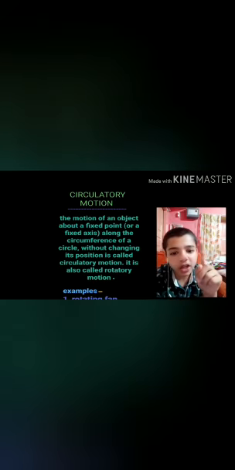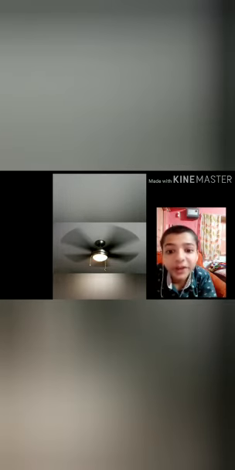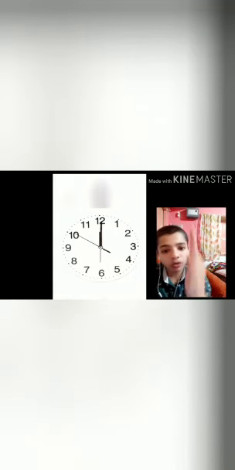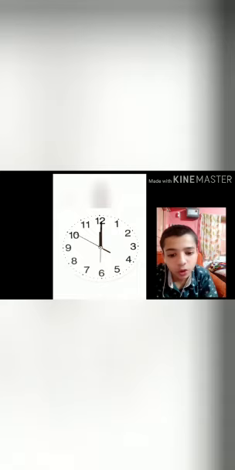It will move along the circumference of a circle. It will not move sometimes here, sometimes there. When this fan moves, it moves round at the perimeter of the circle, at the end of the circle. It won't go higher. That's why this is circulatory motion.